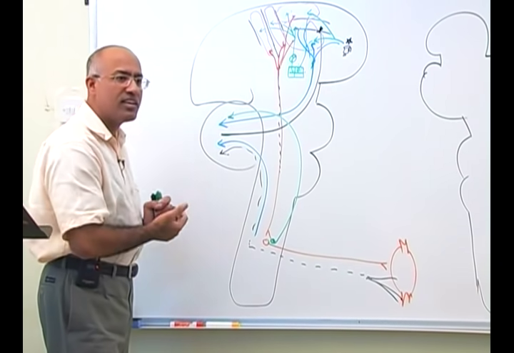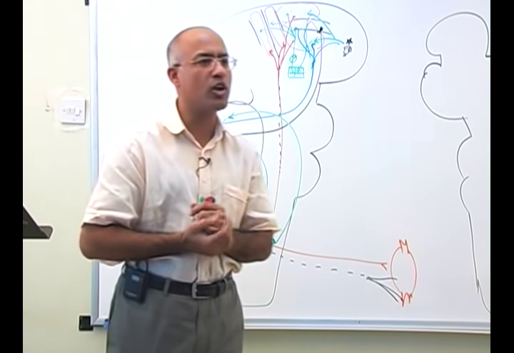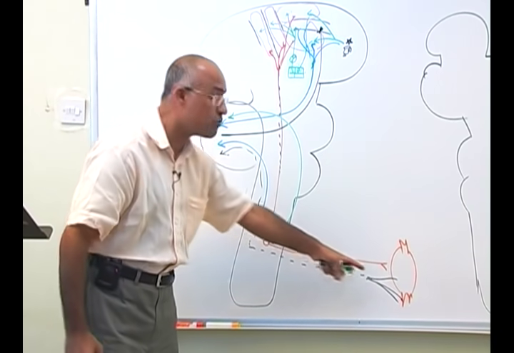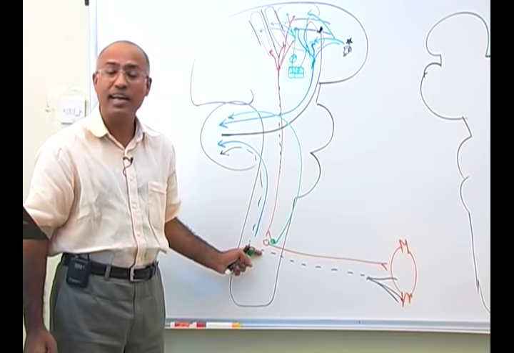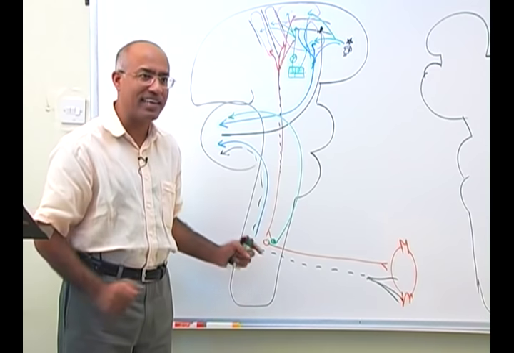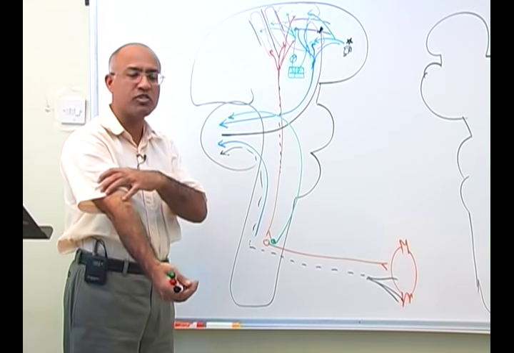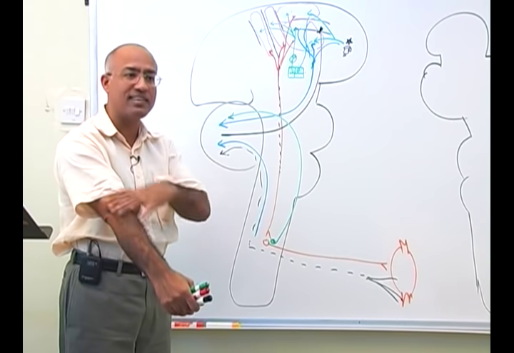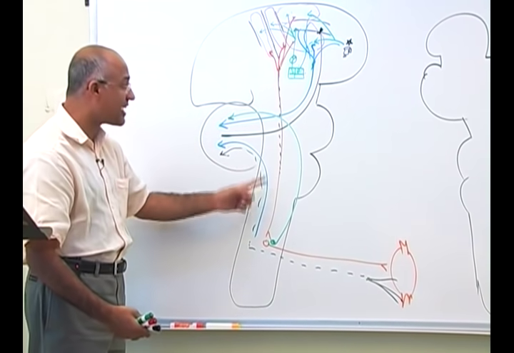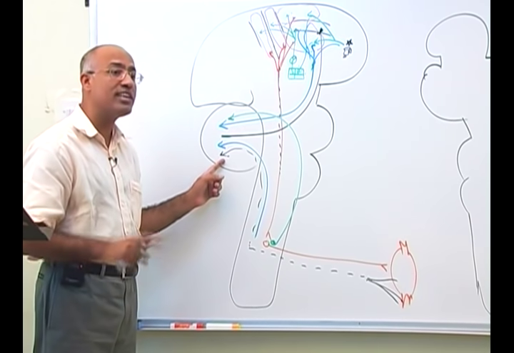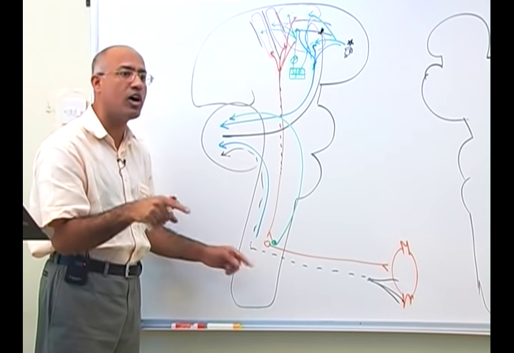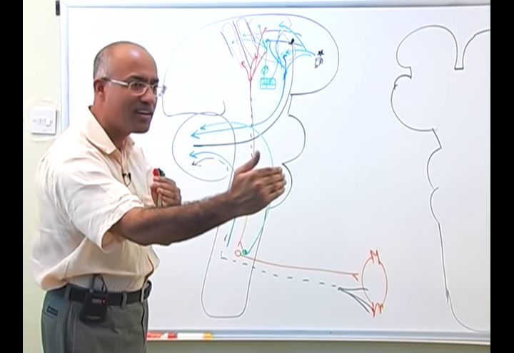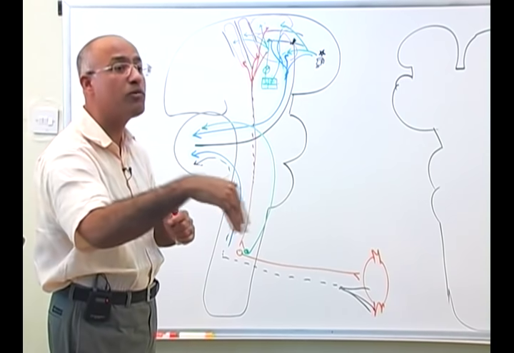Now, the cerebellum is such a wonderful neurological system that not only does it know what movement is going on, can you believe that it can predict? It can calculate from the muscle spindle information, Golgi tendon organ information, and information from other sensory systems. Not only does it know the actual movement going on, it can predict what will happen in the future if the movement keeps going in this way.